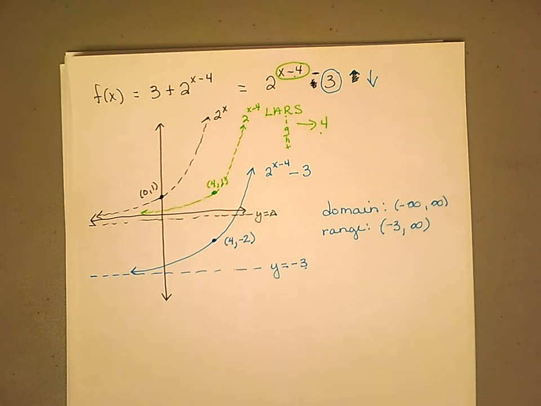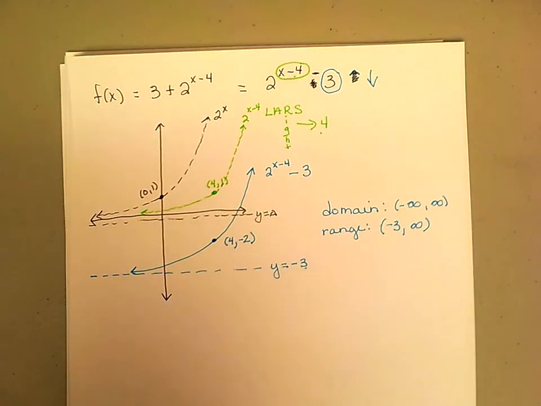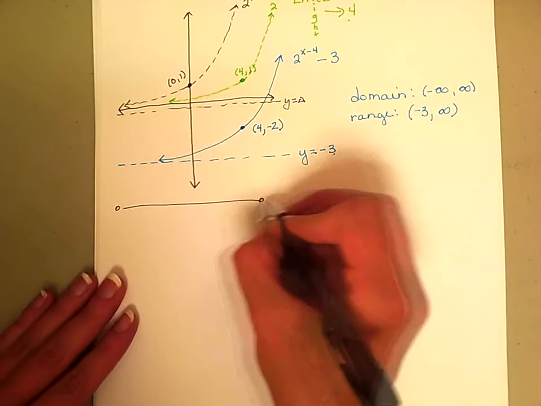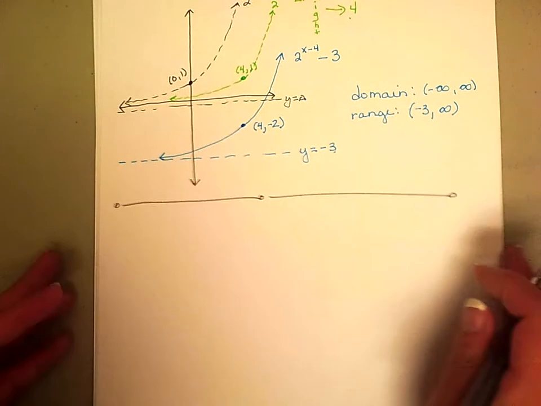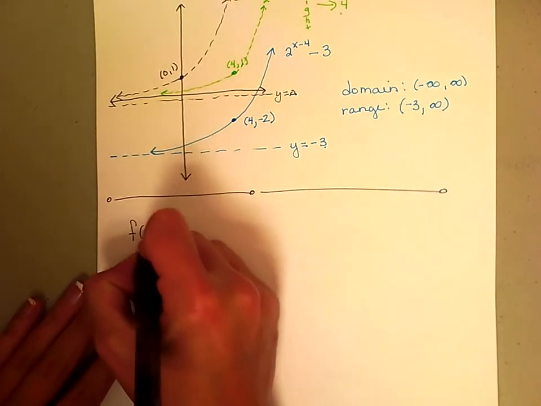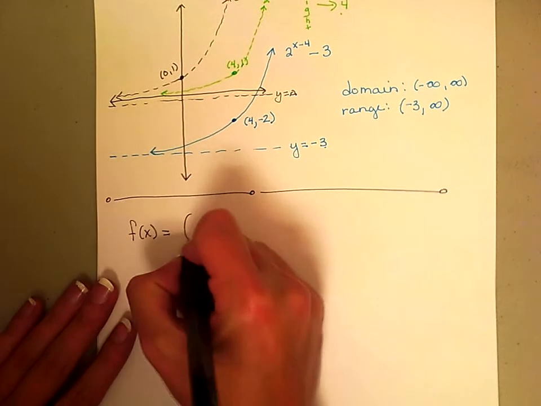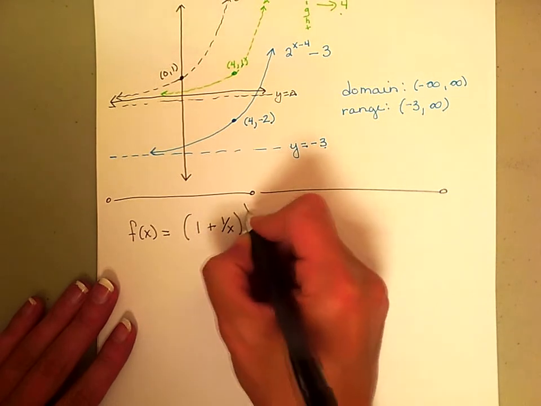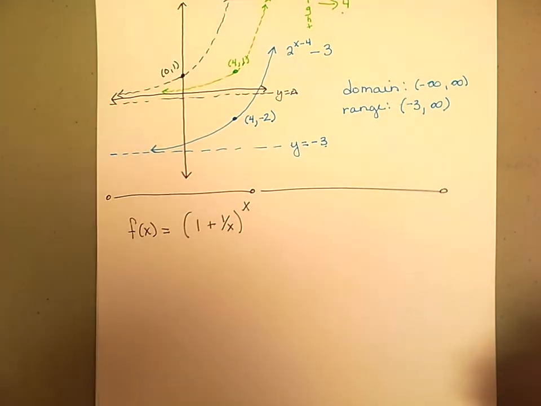Now we need to understand what the exponential is. And to do that, let's consider a function which is equal to the quantity 1 plus 1 over x, and then I raise that to the x power.